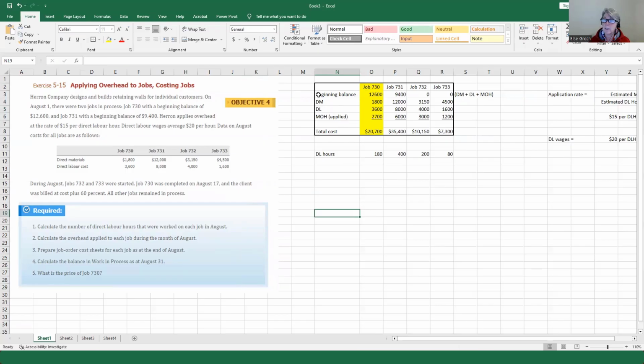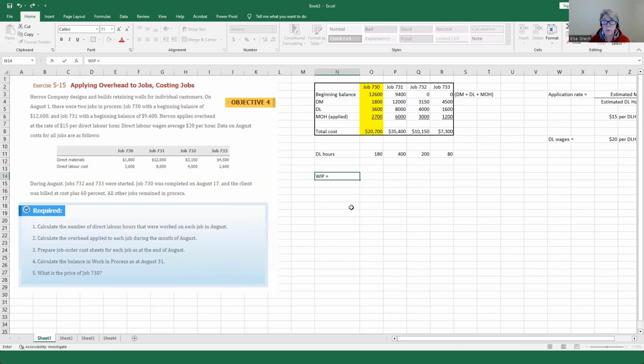So the cost sheet says, here's the beginning balance. Here's the direct material, direct labor, and manufacturing overhead from this period. Here's how much it cost us. So that's basically the cost sheet. And calculate the balance in work in progress at August 31st. So now remember, work in process, which is also called work in progress. What is that equal to?